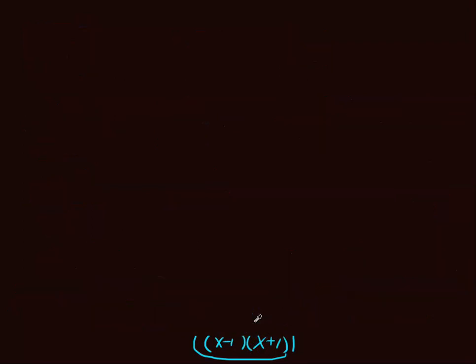What is objective 5? Well, it's the last objective, I guess, in this section. Simplify complex rational expressions.